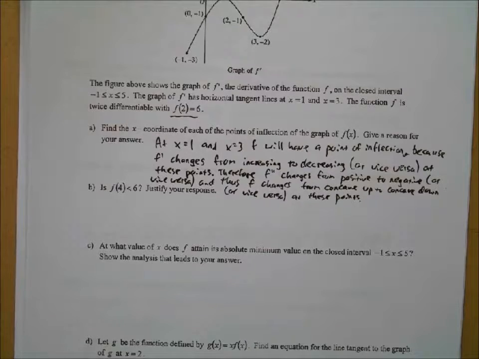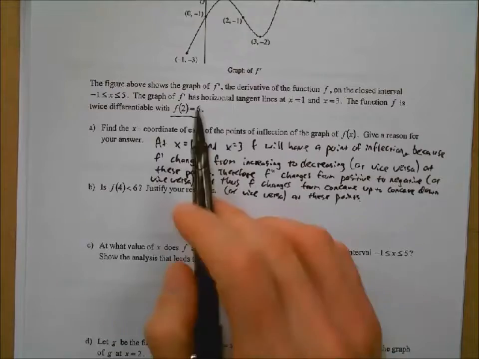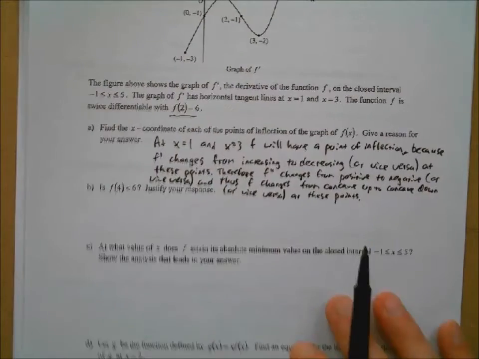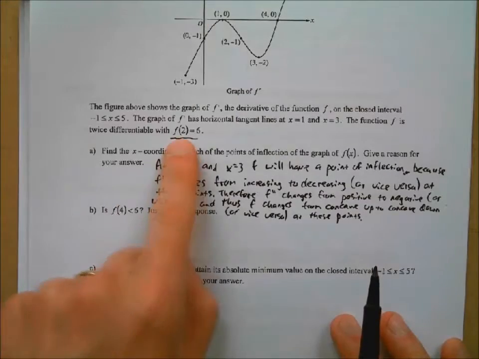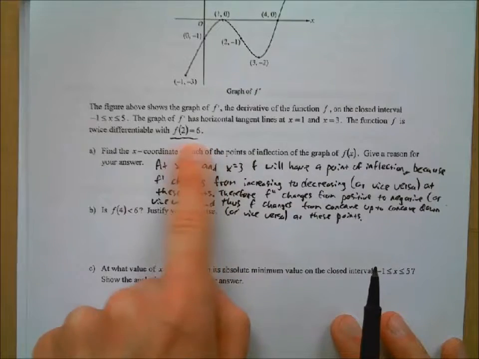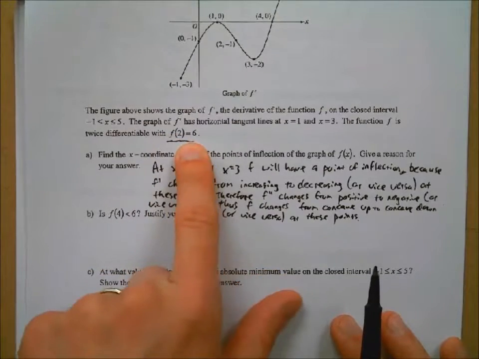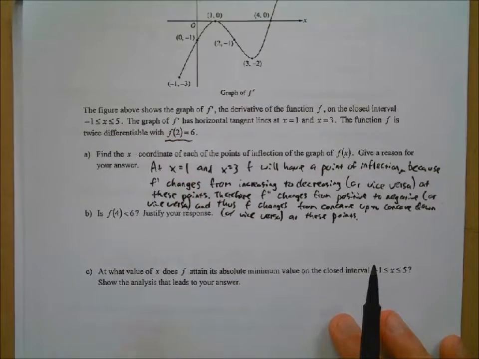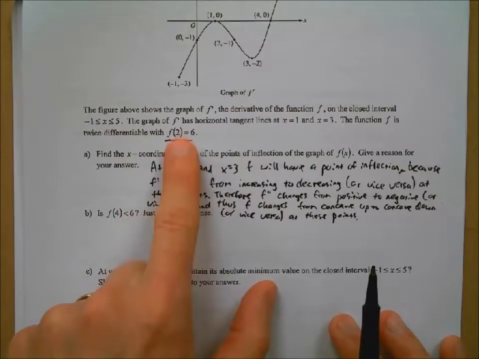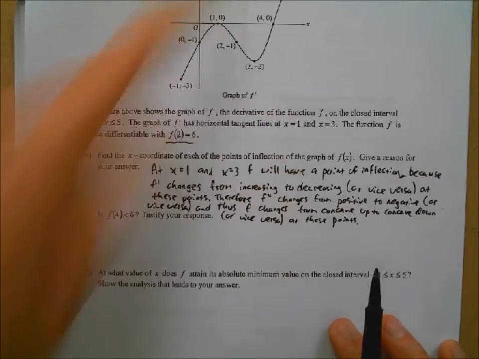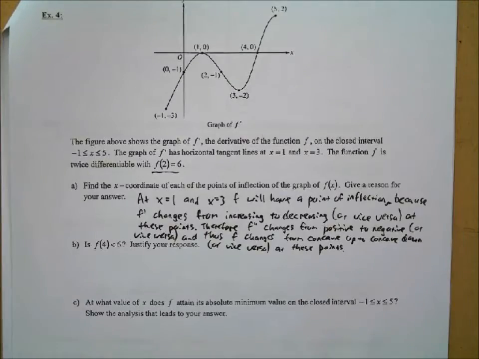And this is where we're going to use that little weird piece of information that we were given here. So we're told that f of 2 is 6, but we're not interested in f of 2. We want to find out if f of 4 is less than 6. We know at f of 2, the function is 6. But how can we use that piece of information in this graph here to determine if f of 4 is less than 6? Matthias?